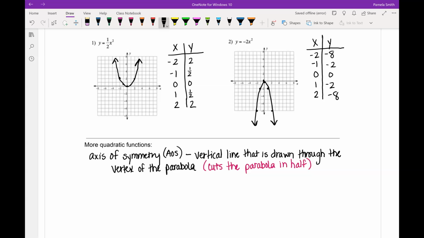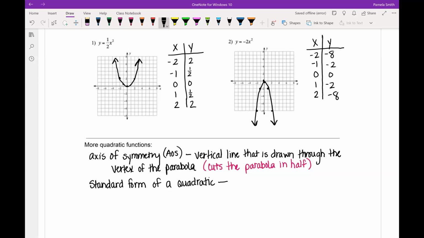Some other terms that we're going to add. We're going to talk about the standard form of a quadratic. And you actually already saw this form in Unit 1.